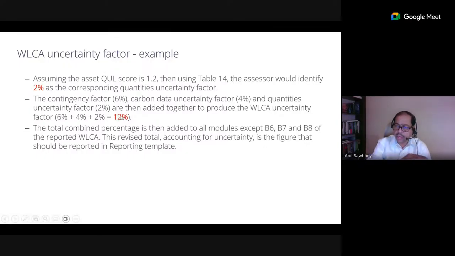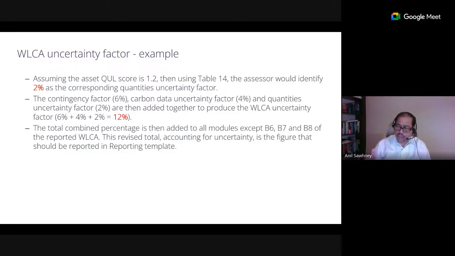So now you're going to apply that to all modules except B6, B7, B8, right? B6 is energy, got nothing to do with materials, done through an energy model or maybe through metered data. So no uplift required. You just use the number that you get based on your calculations. B7 is water use.